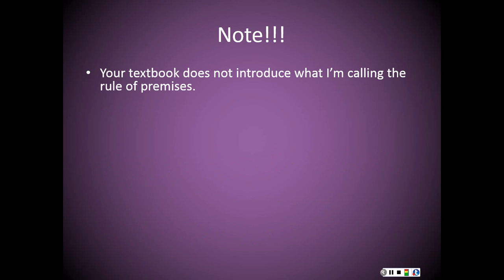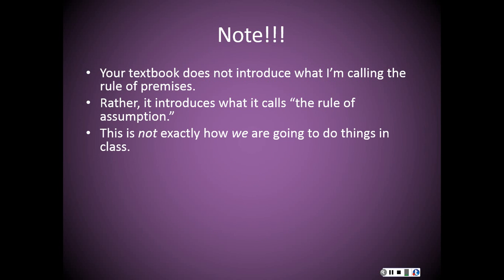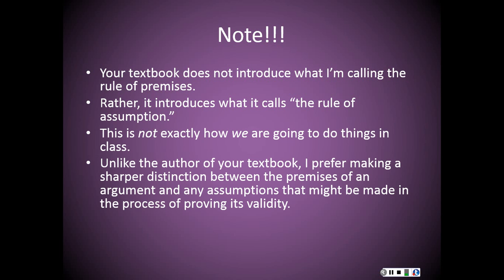Okay, your textbook does not introduce what I'm calling the rule of premises. This is an important difference from the way in which I'm doing things and the way that your textbook is doing things. Your textbook introduces what it calls the rule of assumption. Now this is not exactly how we are going to do things in this class.